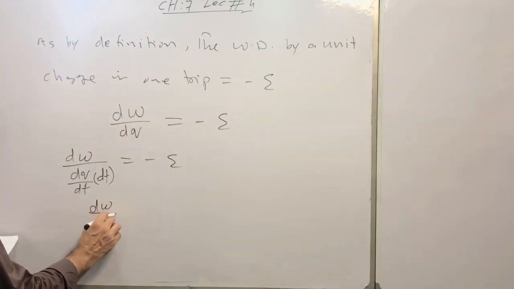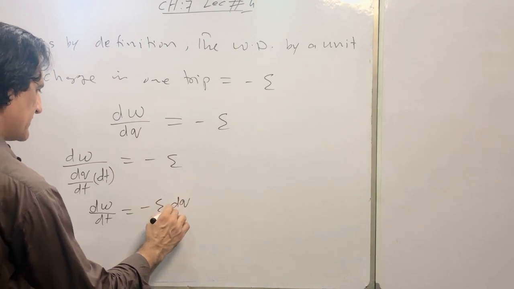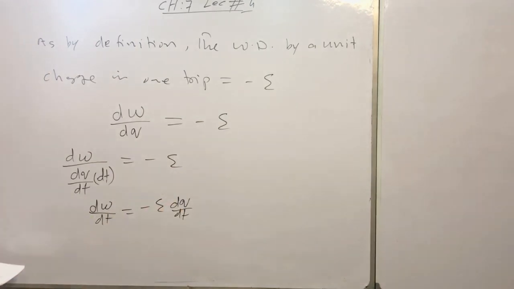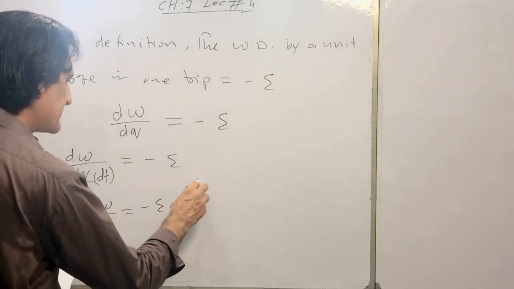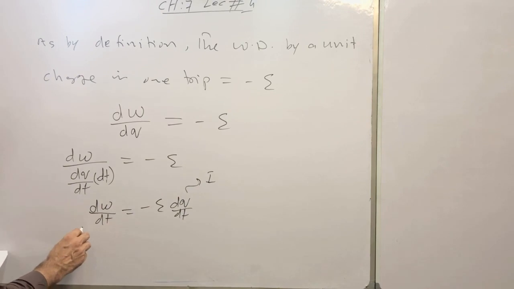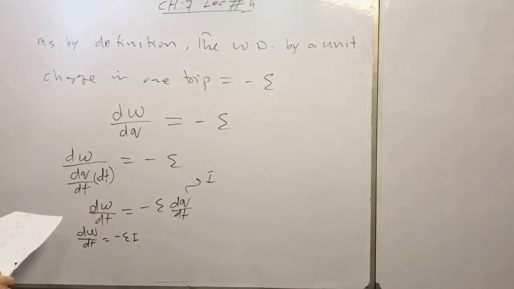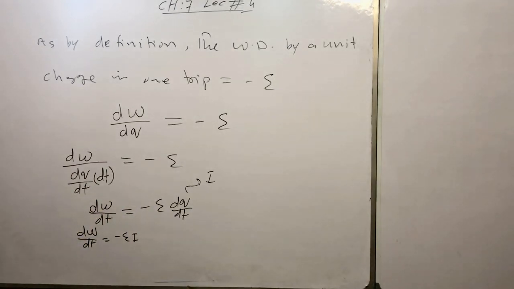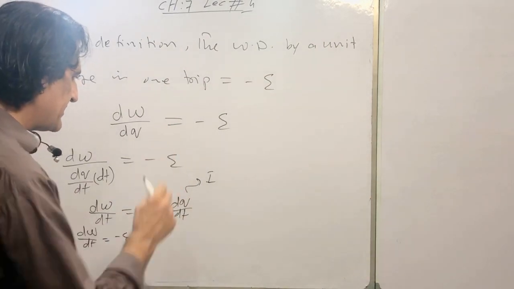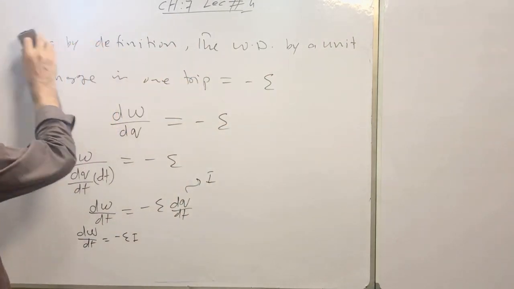Then dW divided by dt is equal to minus EMF times dq divided by dt, and dq divided by dt is nothing but the current. Further, dW divided by dt equals minus EI, because dq divided by dt is known as the current. And we have this equation.